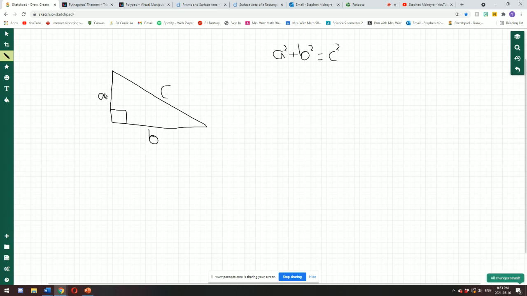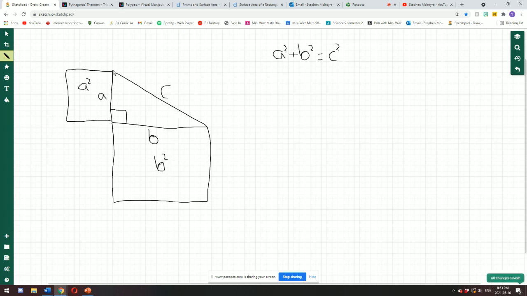If we have A here and we square it, if we multiply A times A, that'll give us a square of A squared. And then if we multiply B times B, that'll give us a square with an area of B squared.